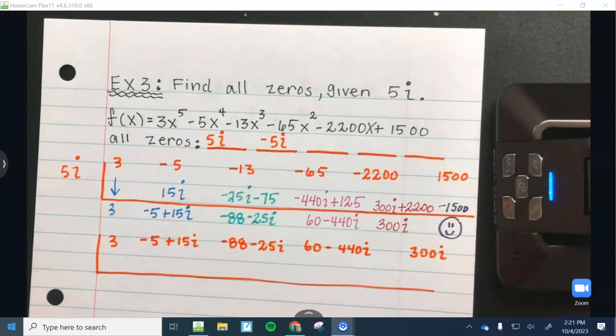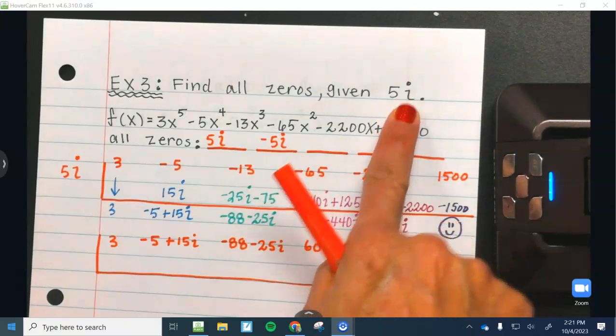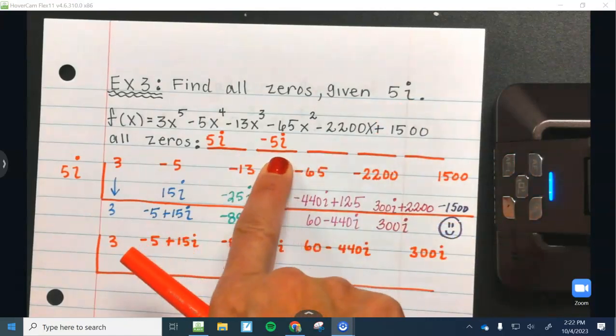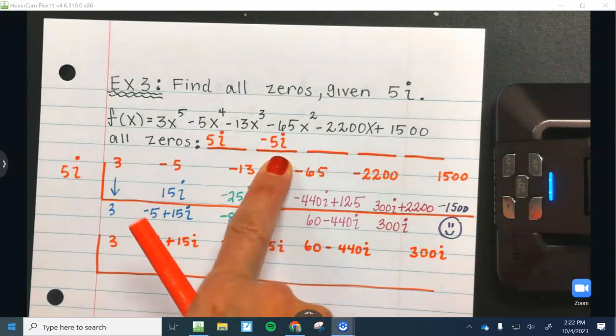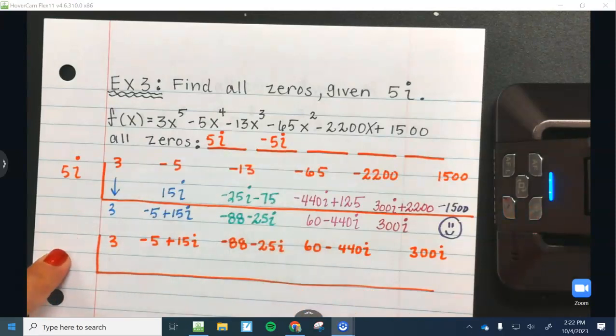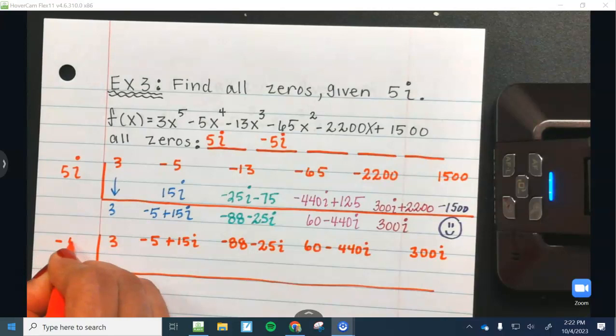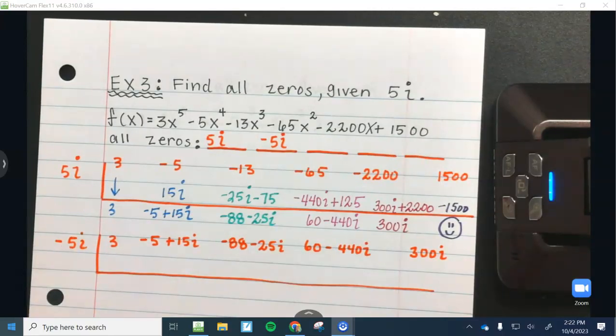And don't forget, we are so smart, we have one more 0. They didn't give it to us, but we knew. We knew we had a negative 5i. So this time we're going to write negative 5i out here. And watch the magic happen. This is so fun. It's so hard not to just get so excited.